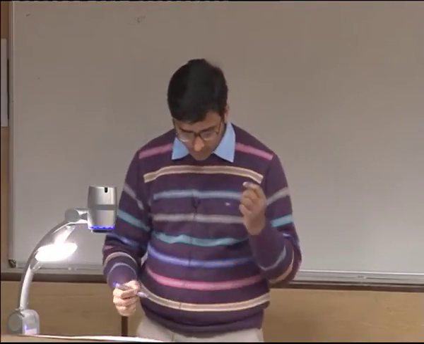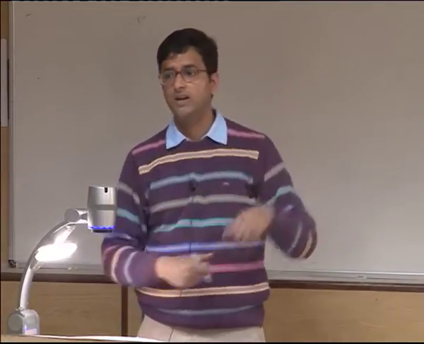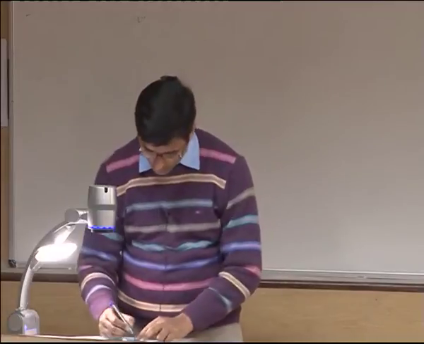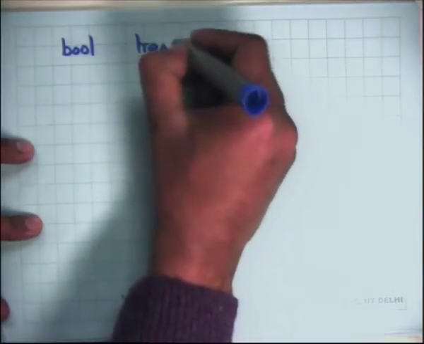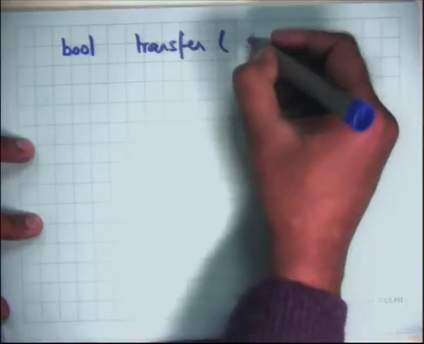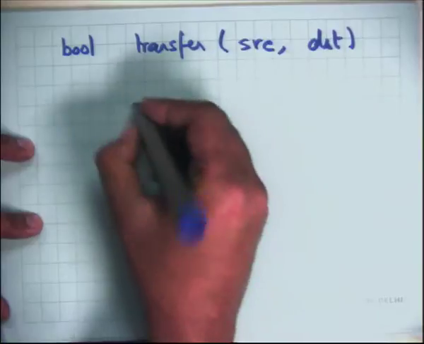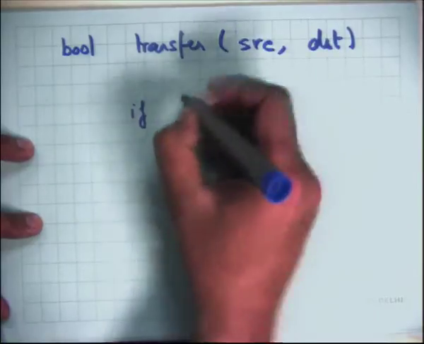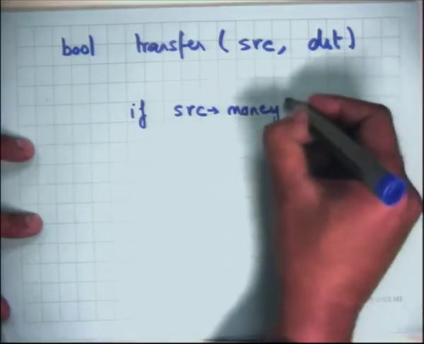So the first thing I'm going to try is to lock the source separately and lock the destination separately. Let's say bool transfer(source, destination), if source.money is greater than 0.